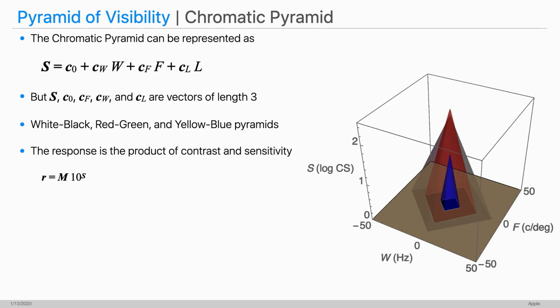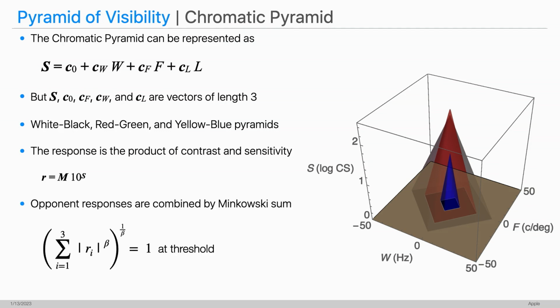Now, if we wanted to compute the response to a particular modulation, like that chromatic Gabor function I showed you earlier, we just take that modulation signal that I defined a moment ago, and we multiply it by this S, and again, that's a vector of length 3, and we get a response, which is the response in the 3 channels, and then we can combine the 3 using a Minkowski sum, where we take their absolute values, raise it to some power, might be around 4, add them up, and then take the 1 over 4 root.